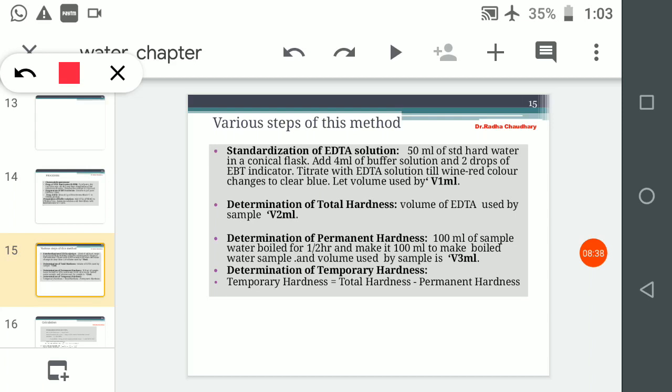Then transfer this 50 ml water to the volumetric flask with filtration, then make it up to the mark. Then this 50 ml boiled water is taken and titrated with the EDTA solution, and the volume consumed by this boiled water sample is denoted as V3 ml.